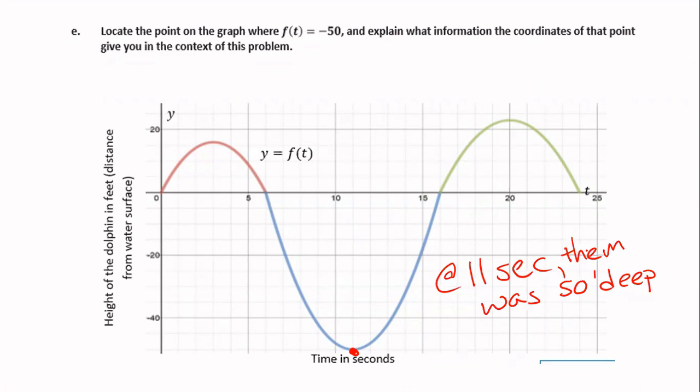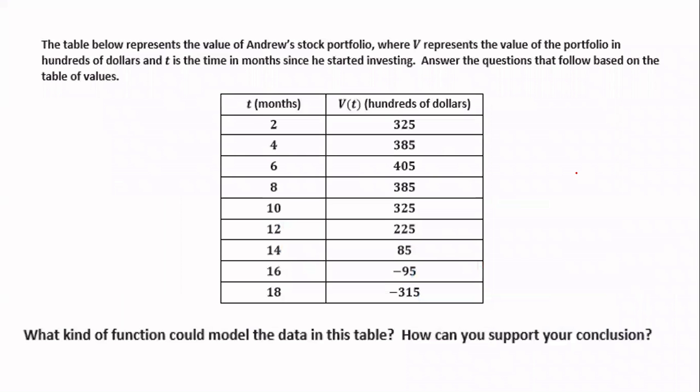So at 11 seconds, them was. I don't know how we play this pronoun game well. So anyway, how about the dolphin? Well, what if the dolphin doesn't identify as a dolphin? Identifies as a T-Rex. By the way, if this was a T-Rex, how terrifying would that be? All of a sudden, you're looking out in the ocean, and this giant Tyrannosaurus Rex comes out 25 feet out of the water.